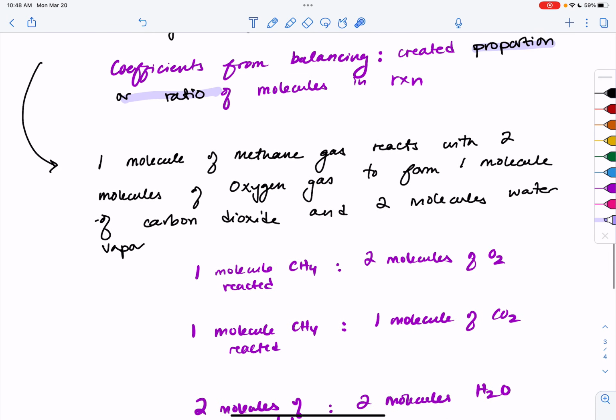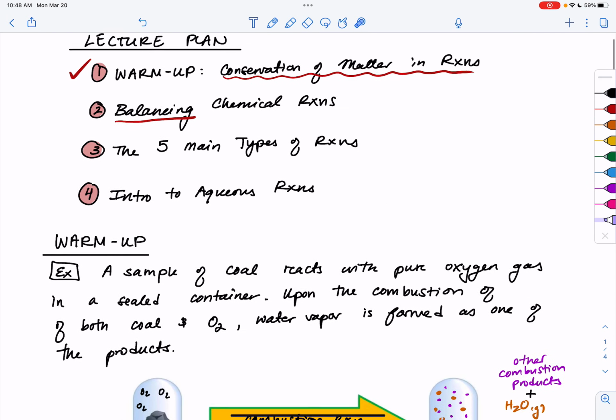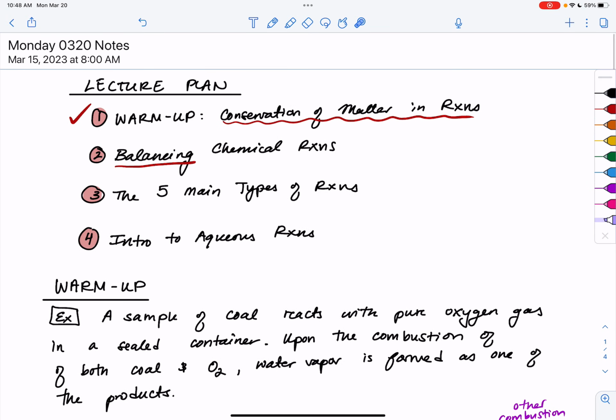Okay, I think we're going to have to restructure our plan for the day, because I've introduced balancing reactions for you, but I think what we're going to do now is we're going to change up what we're doing. Let's go ahead and practice balancing reactions together.